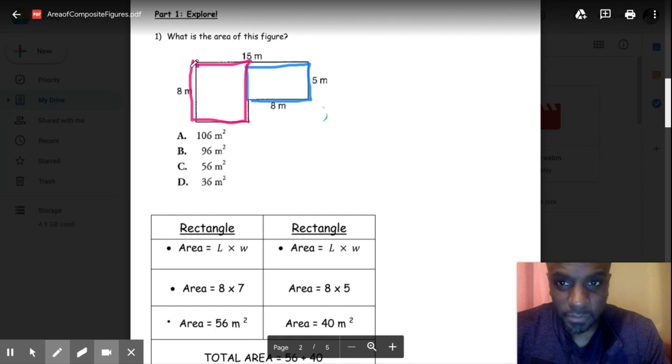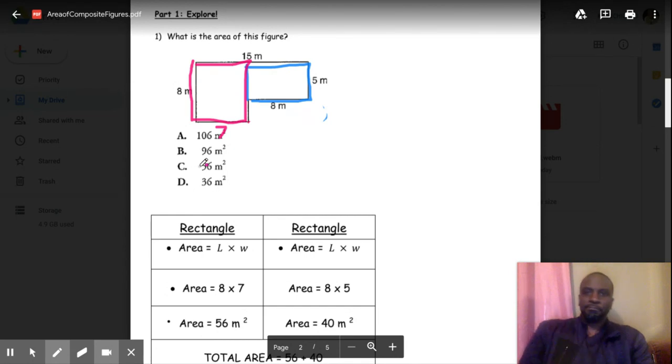If from here to there is 8, then there to there has to be 8. So what plus 8 gives me 15? 7. So that actually means that this little piece right here is 7. Okay? 8 plus 7 gives you 15. That means the length from here to right there is 15. That means from here to here is 15 as well.